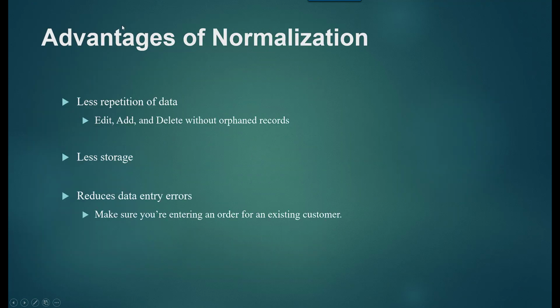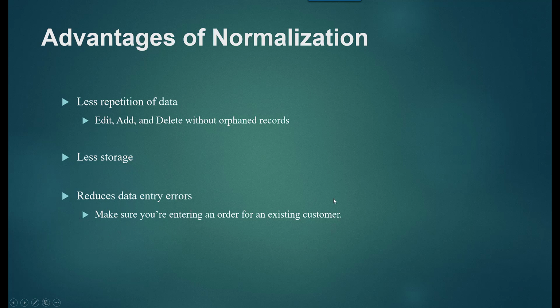And so, just to kind of recap the advantages, you have less repetition of data, you can edit and delete, we don't have orphaned records. You don't delete a customer, and then have all of their orders still in there that don't have a customer to relate it to. Uses less storage because of less repetition, reduces data entry errors.